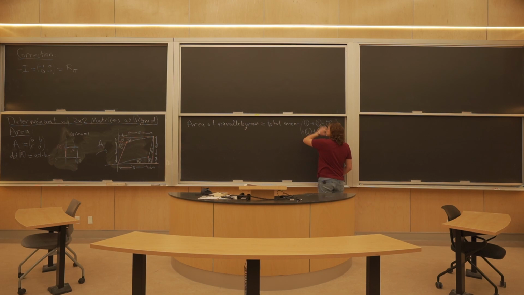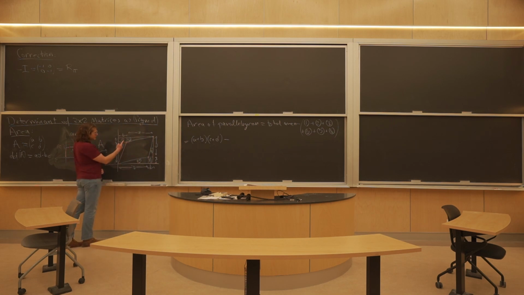So I need to compute all of these numbers. Well, the total area of this rectangle is certainly a plus b times c plus d. So now I need to subtract things.